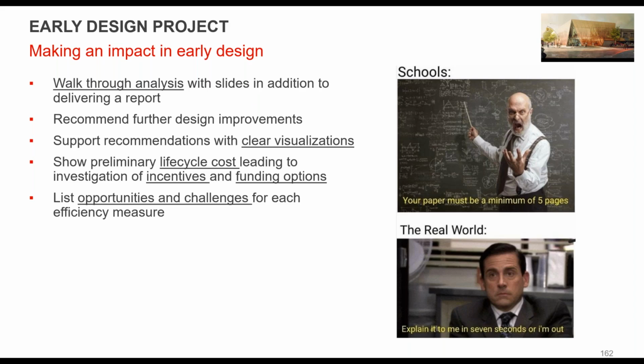Also showing preliminary life cycle cost, where you can look at incentives or funding options, because in early design you're going to have an opportunity to reduce cost more significantly than later. And then what are the opportunities and challenges? What is the cost? Is it peak load? What are the options, and how would that be affected if you took that one out?